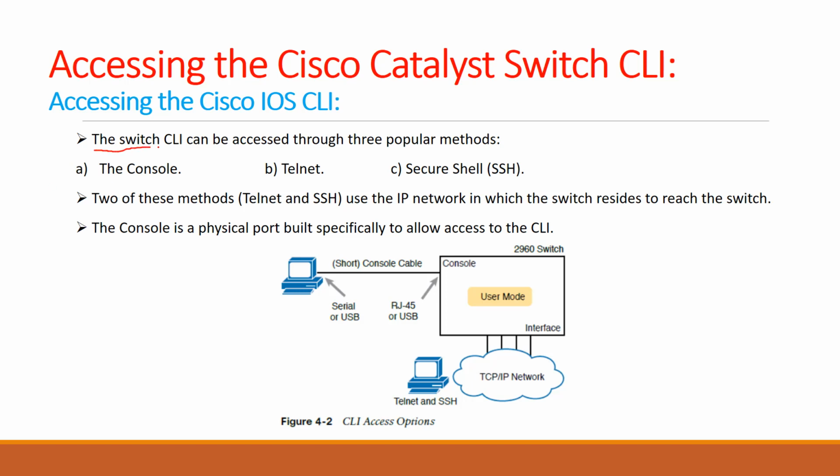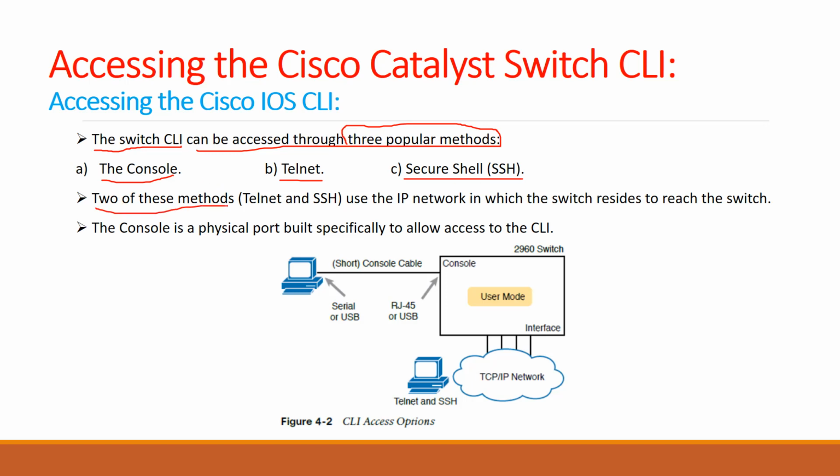The switch CLI, the Cisco switch command line interface, can be accessed through three popular methods. What are these methods and how do you access the switch CLI? You can use the console port, or you can use Telnet, or Secure Shell, or SSH.